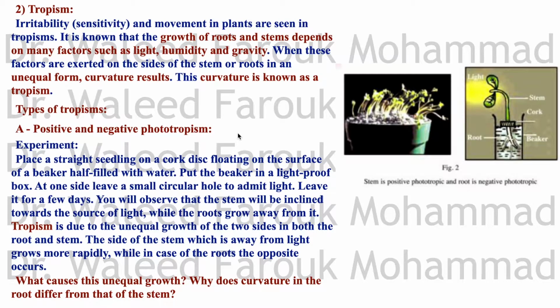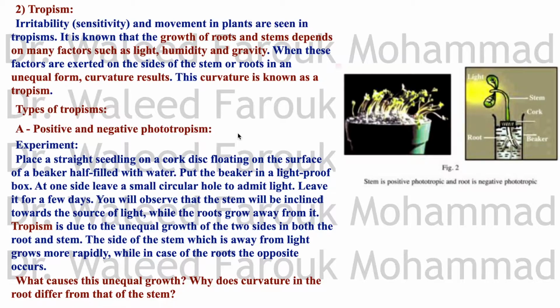Another type of movement is called tropism. Tropism is known as the growth of roots and stems towards or away from a certain stimulus or object, or light, for example.